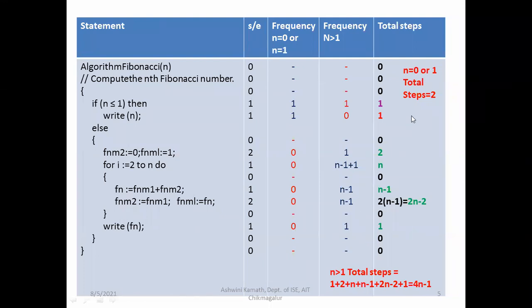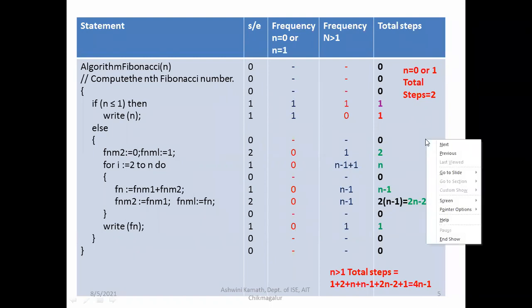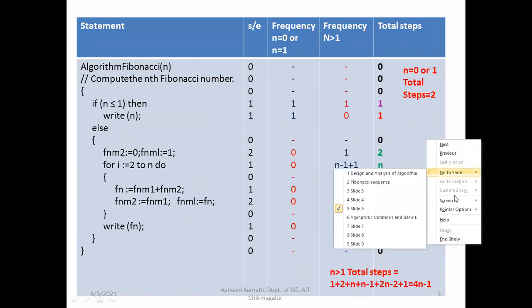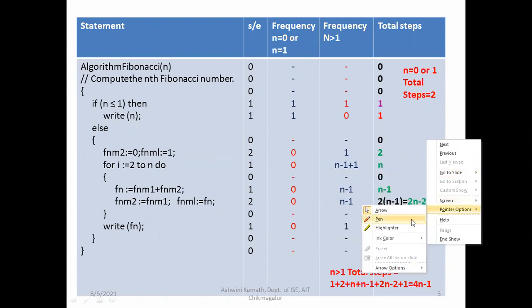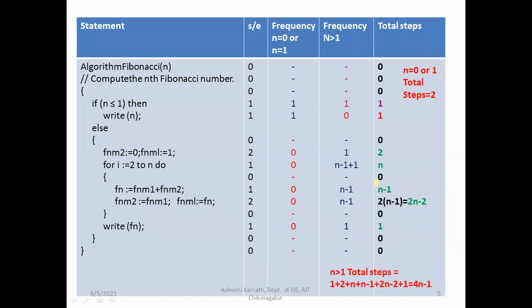Okay, now we'll calculate the frequency. Total steps. So here, see here, we are going to calculate the frequency: 1 and 1. This value is 1. And then 1 and 1 for the else case is also 1.